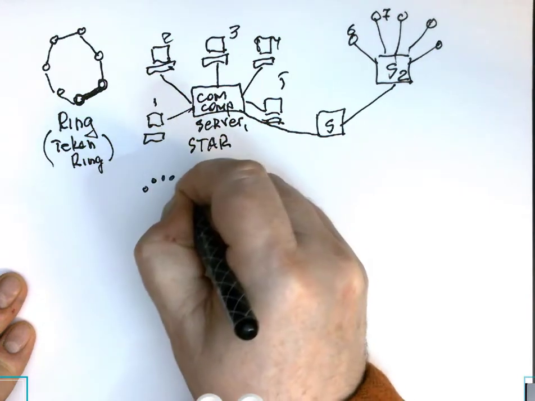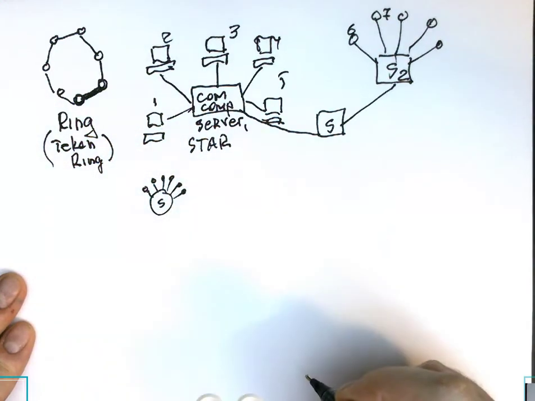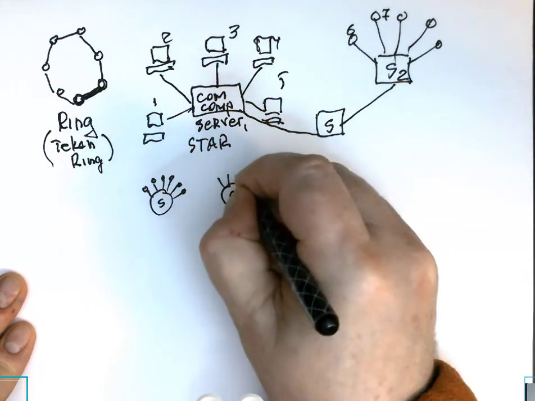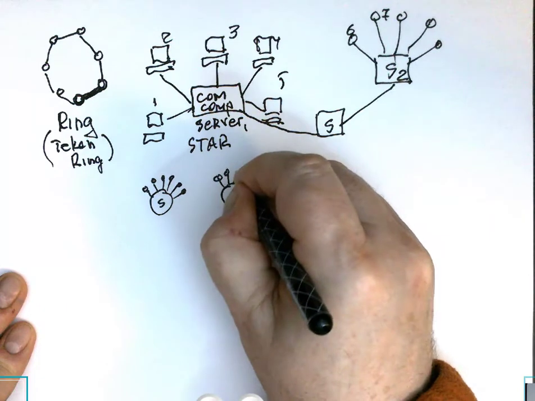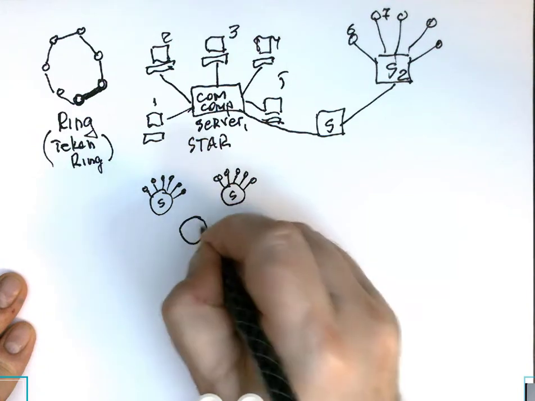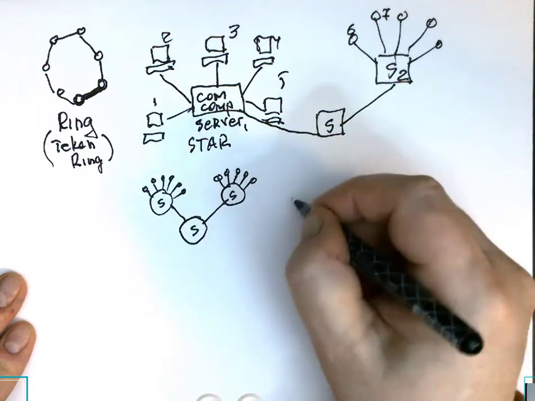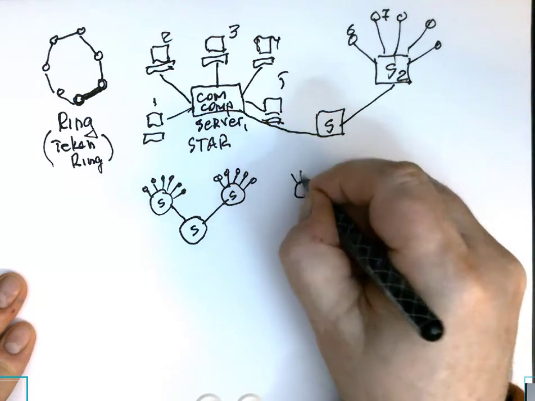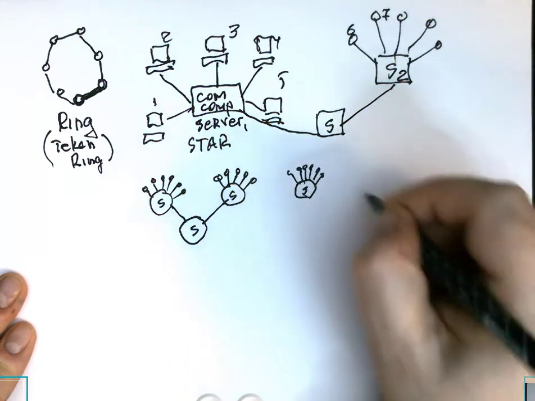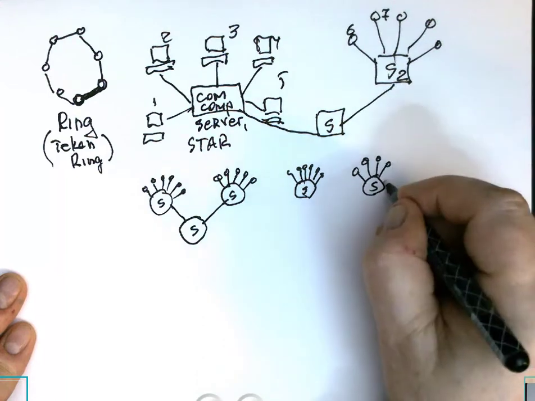And let me redraw this picture so you will see a little better how it works. That is a server, and those are computers for star communication connected to it. That is another server, and those are workstations or local computers connected to it. To connect them together, we need a bigger server and connect to that server. What happens if I have another local network with computers like this, a server, and another one like this?